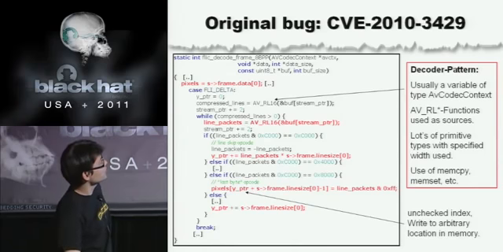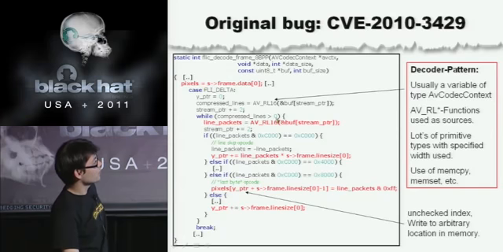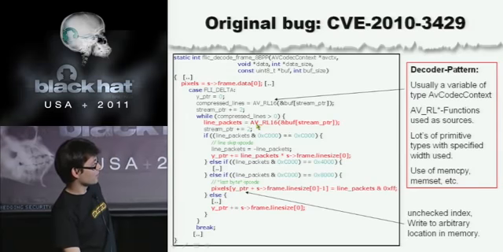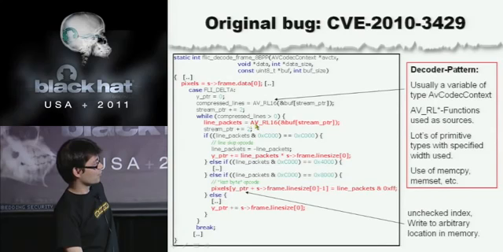Basically, they want to write to this pixel array, and they read information using an API of macros, which are all called AVRL or AVR something, 16, 32, 8, whatever. It depends on how much they want to read.